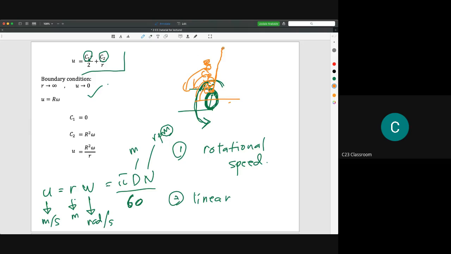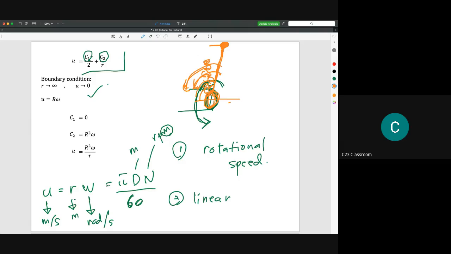That's why we put the condition that if r becomes bigger and bigger, going to infinity, then u becomes lower and lower. Maybe after a certain distance, the fluid molecules here do not rotate in this direction, because the influence of the rotating cylinder is finished.